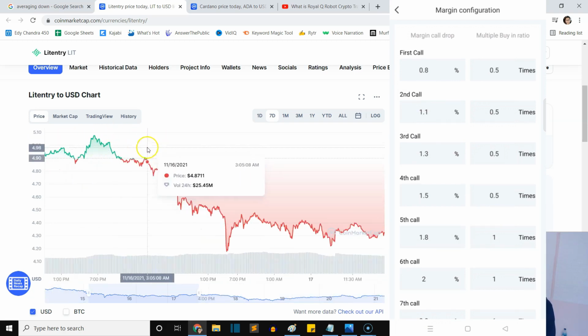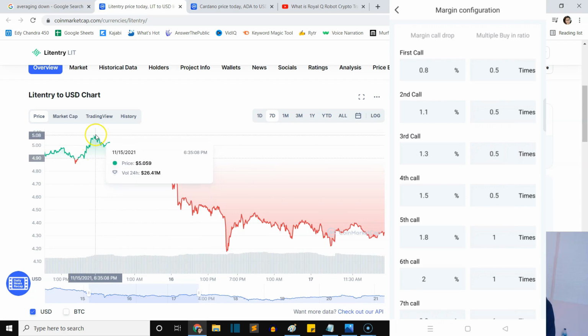Let's say you open right here at the very top, and then the price goes down, then the first call will trigger and it will buy. You can see the multiple buy-in ratio. It will buy 0.5 times your first buy amount, which is your FBA. Just now it was $15. So 0.5 of $15 is $7.50.